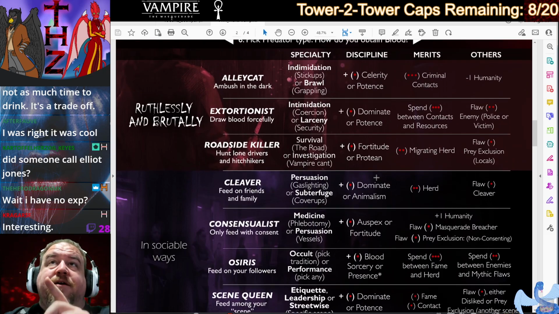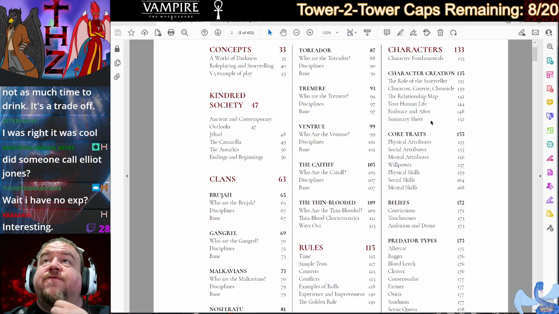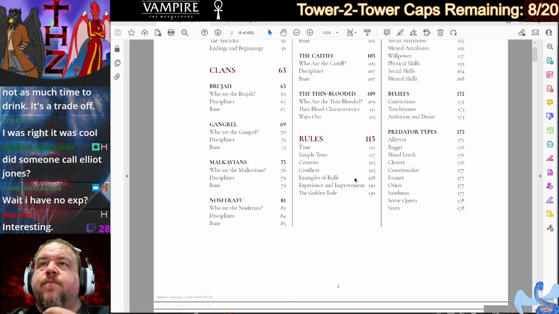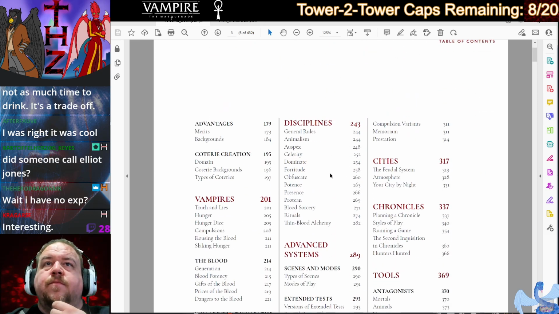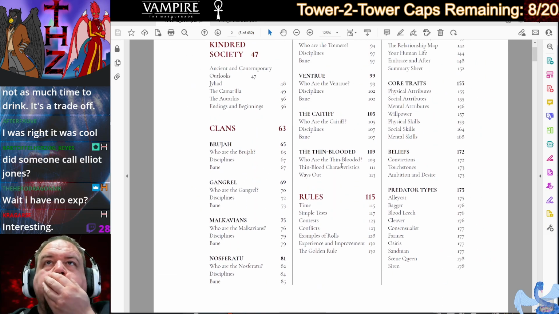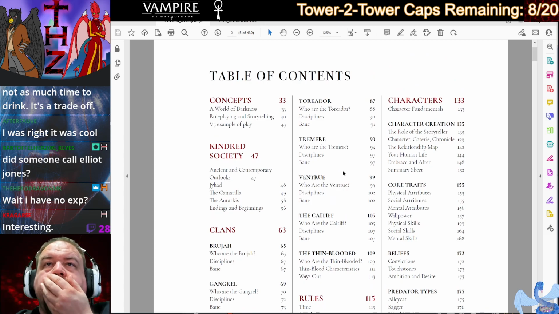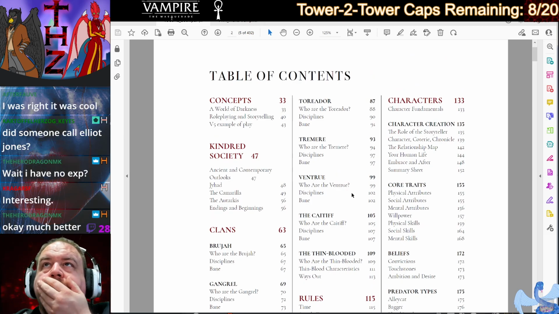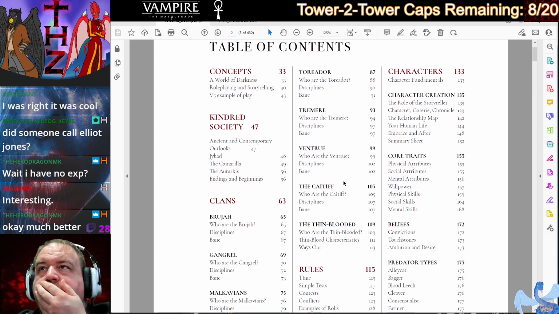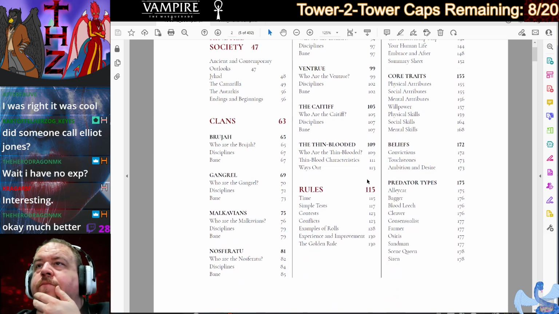I'm not worried too much about this. Although, ooh, you know what? We actually can roll for their feeding types. Ah, here we go.